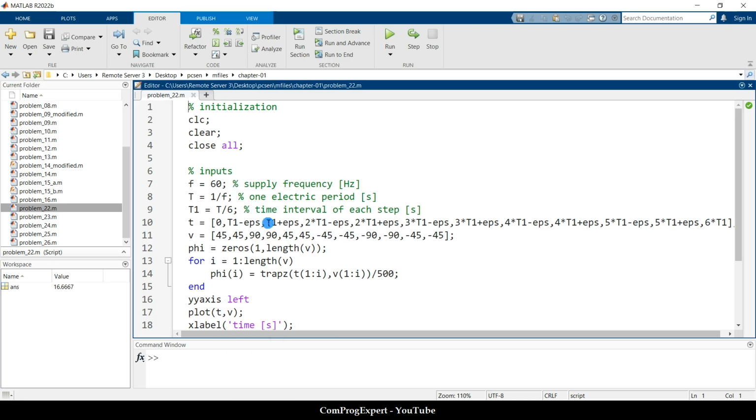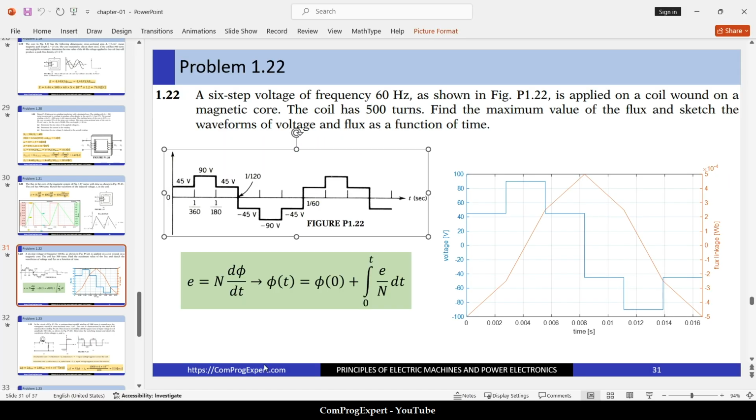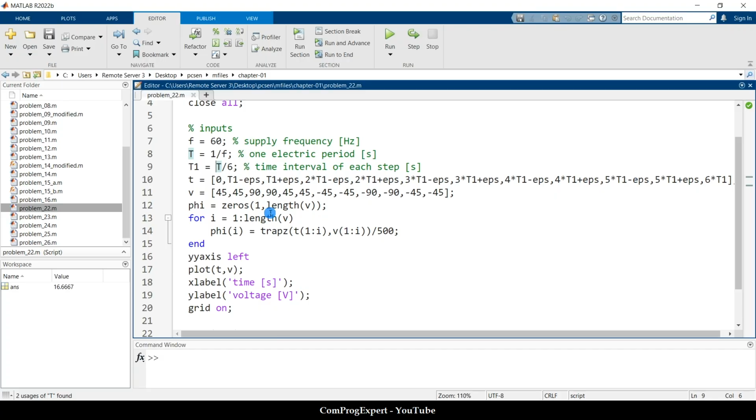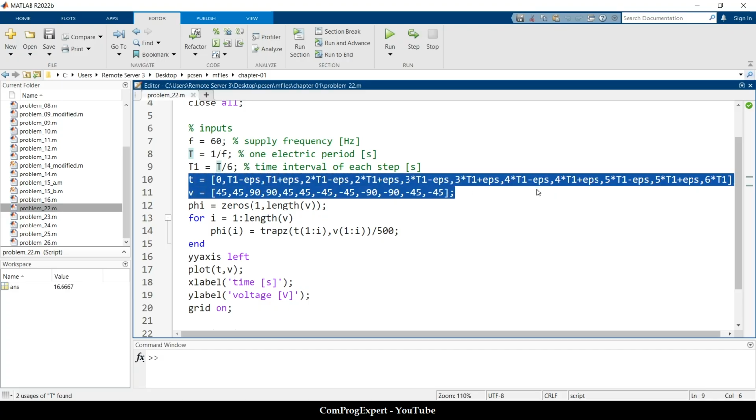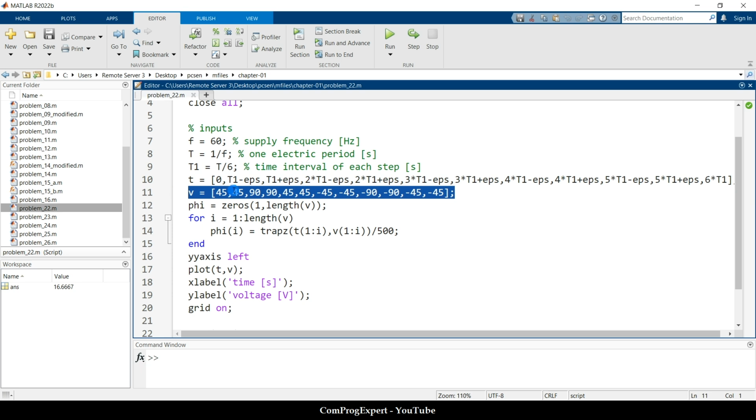This is one electric period, and this is the time interval for each step, T, the total electric period divided by 6. So we have these time points, and this is the value of the voltage for these time points.